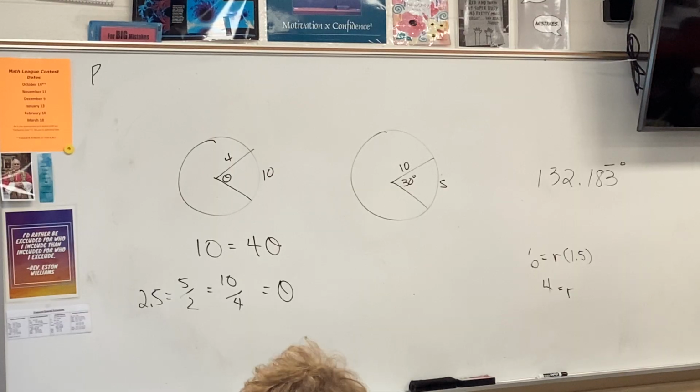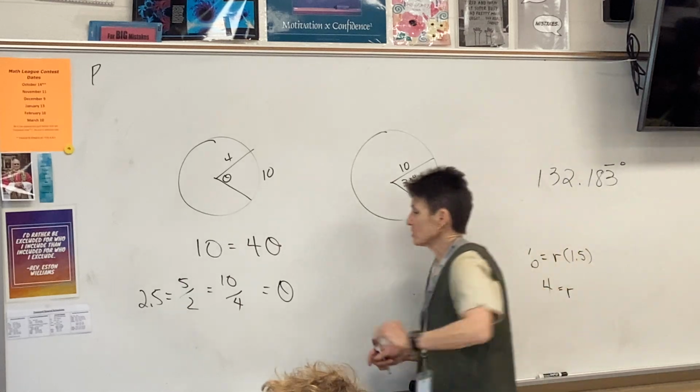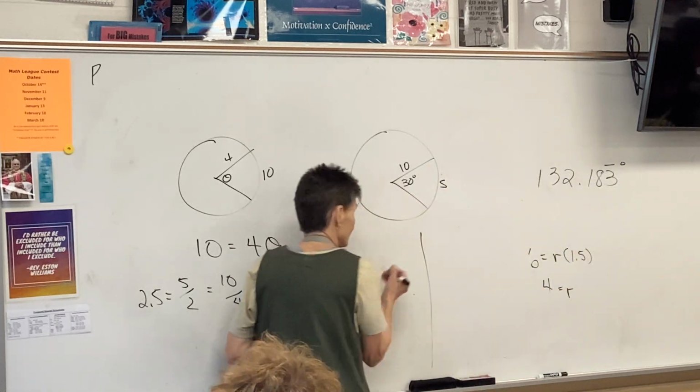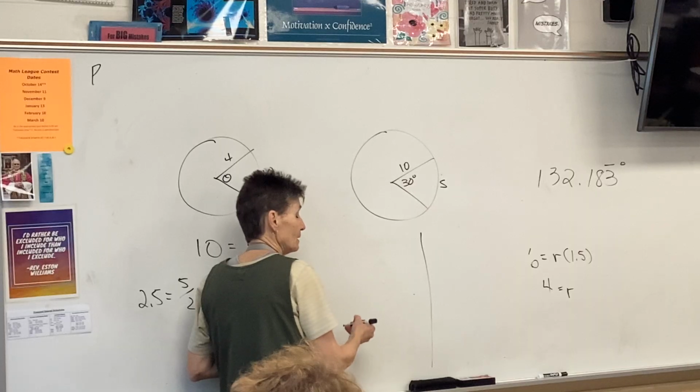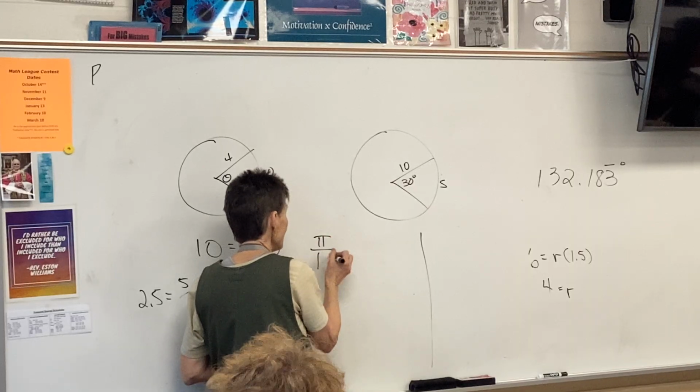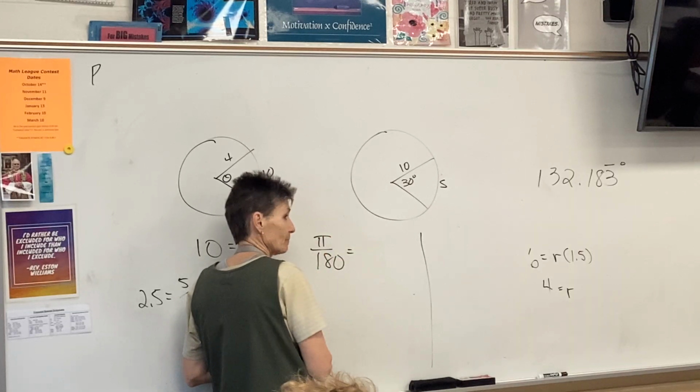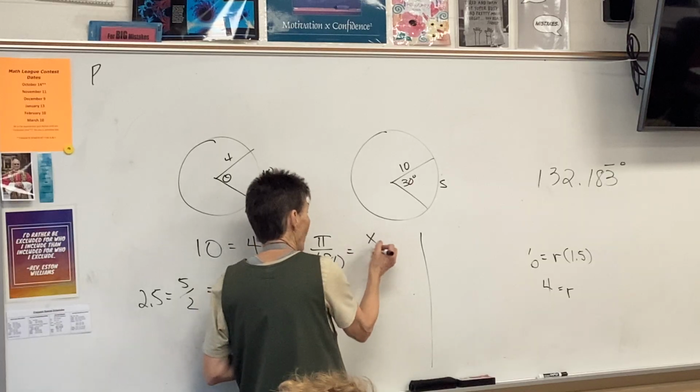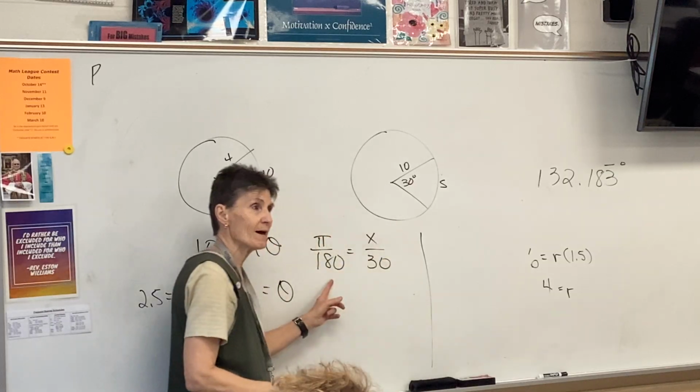And do you know how to do that? It's the very first thing we did. So over to the side, this is not the answer. We're going to say pi is 180. So what is 30?